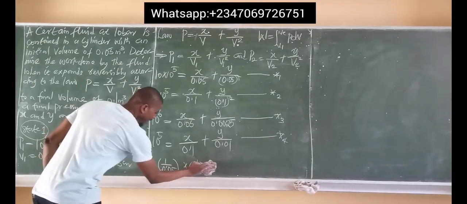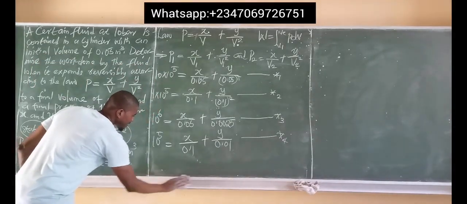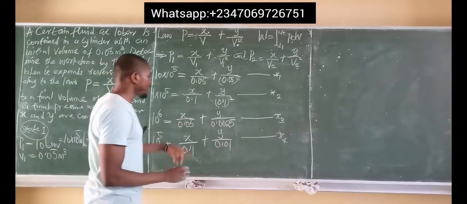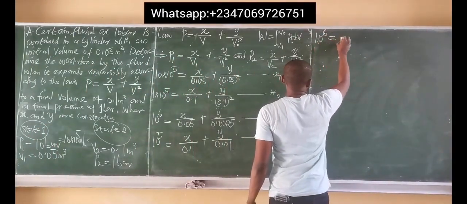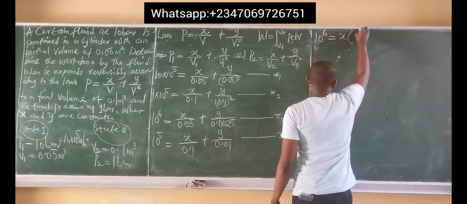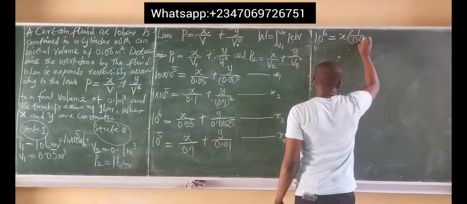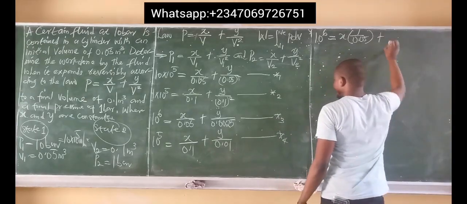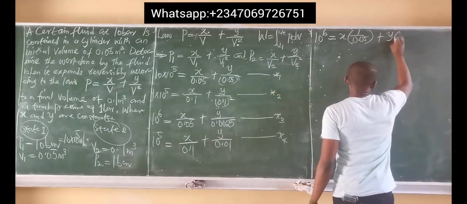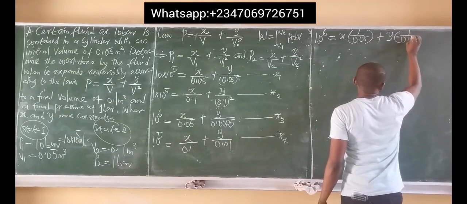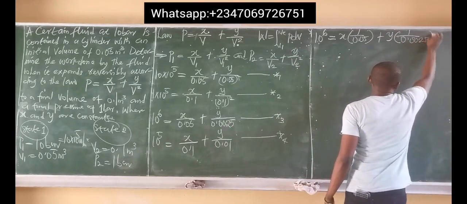So having that in mind, it means now that we can write these equations to be 10 to the power of 6 is now equal to x into 1 all over 0.05, plus same thing here, you can also factor y. It becomes y into 1 all over 0.0025.